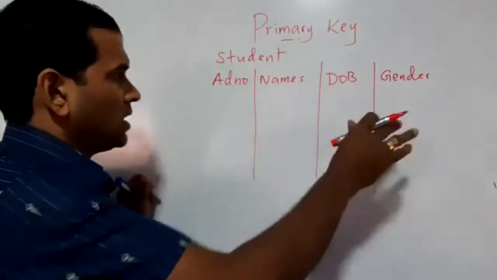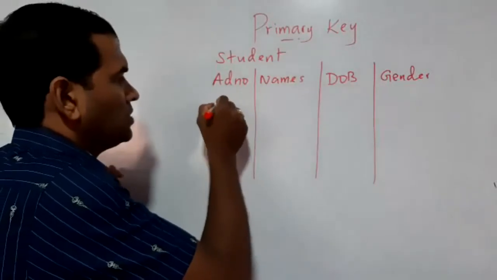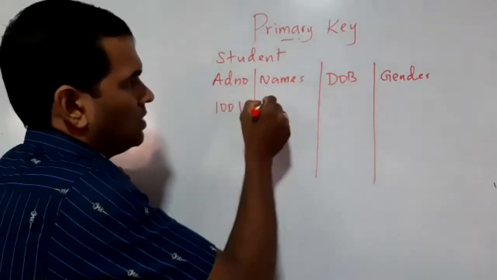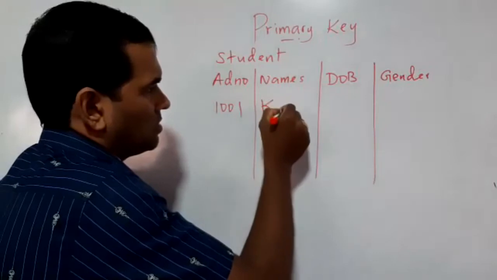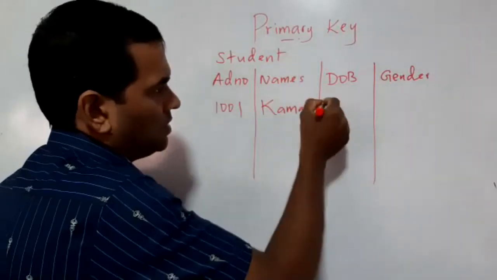So let me add some records. There is a student with 1001, and let's name it Kamal. There is a date of birth.